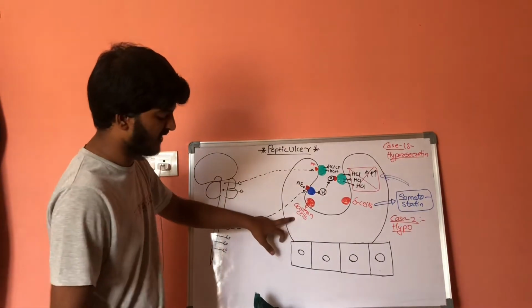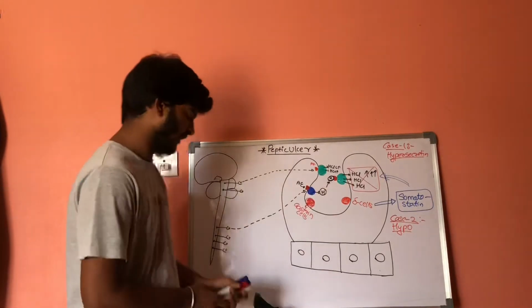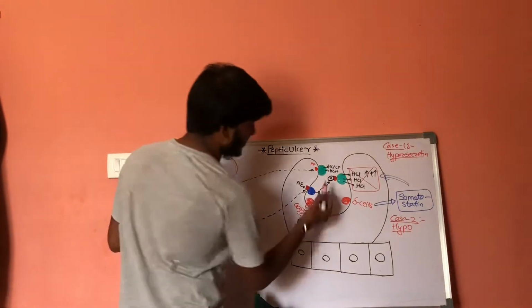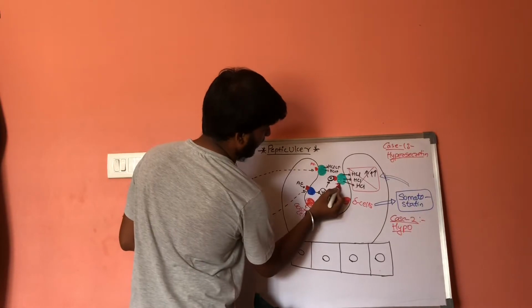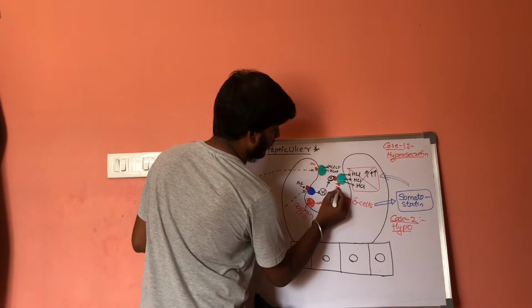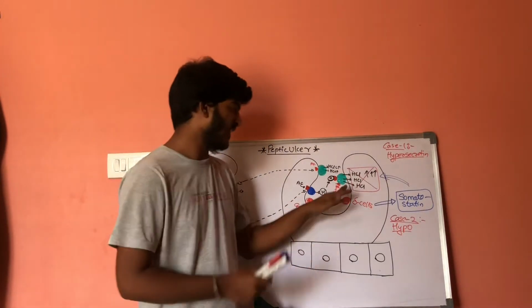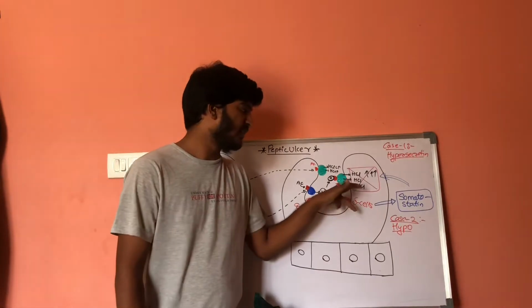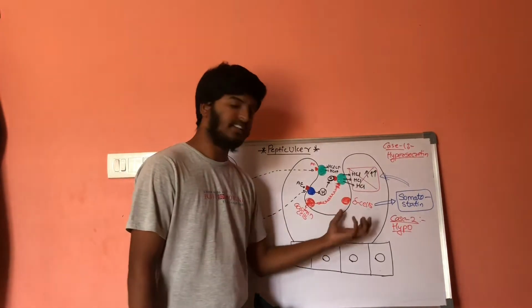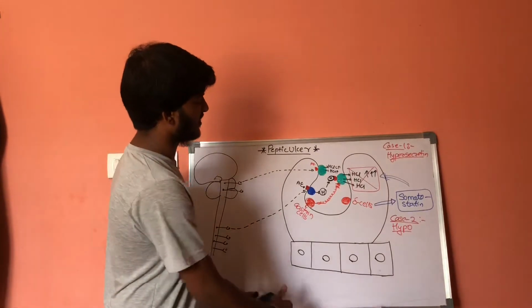Parietal cells have receptors for gastrin. So whenever gastrin gets attached here, it helps in releasing the HCl. By this the HCl concentration will get increased.